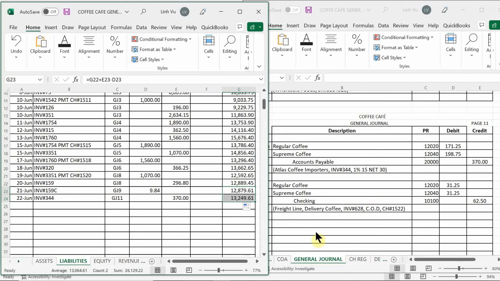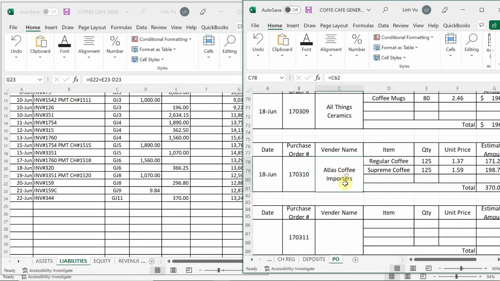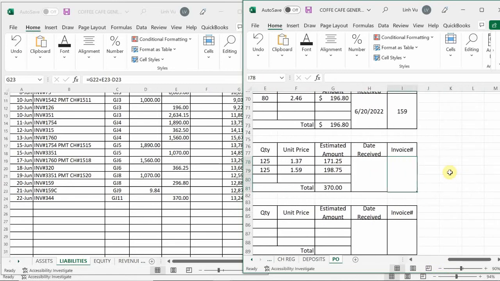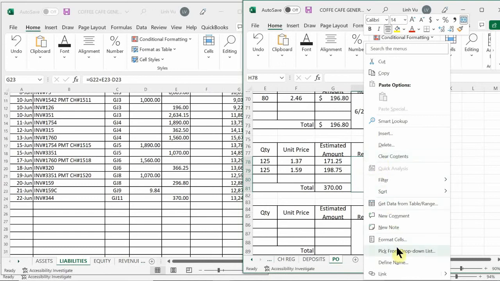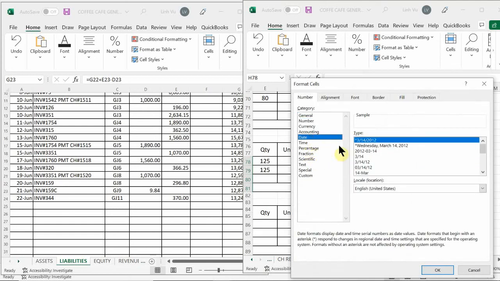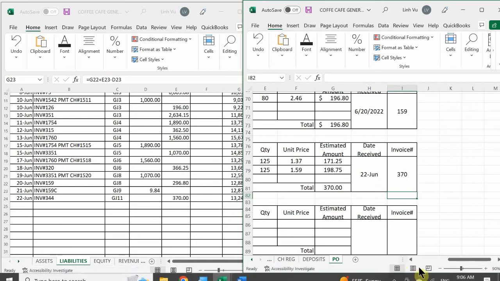Okay, let's mark that we received my purchase order. Okay, Atlas Coffee for 370.